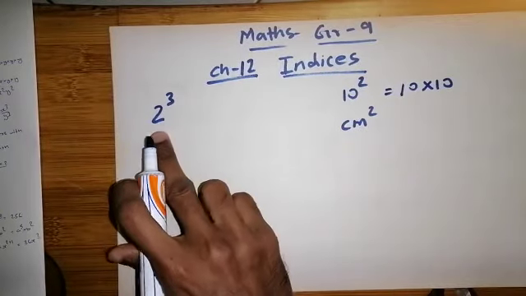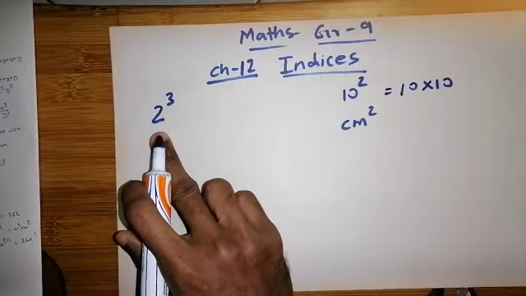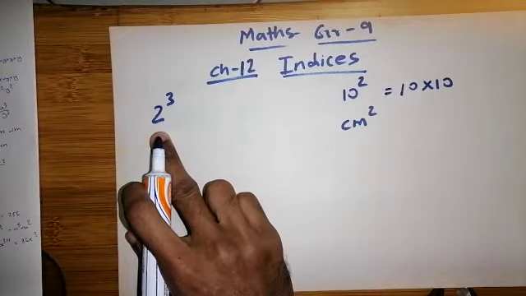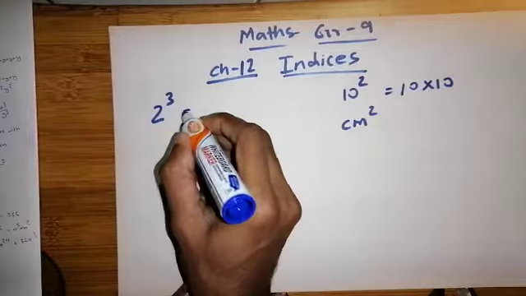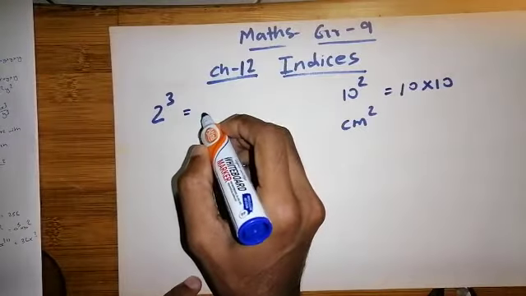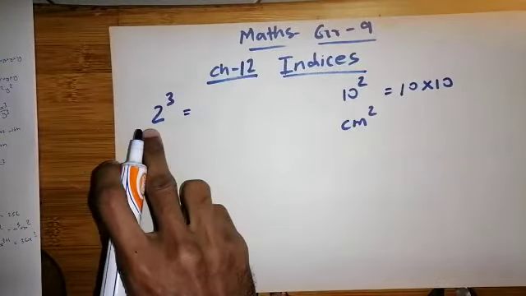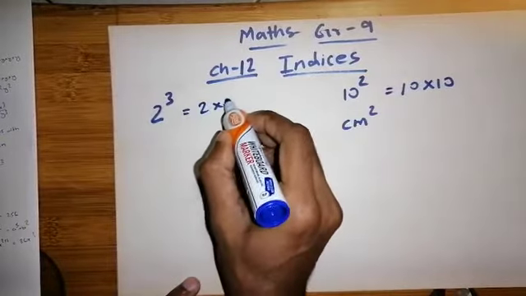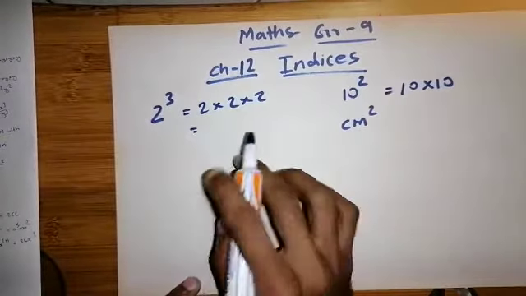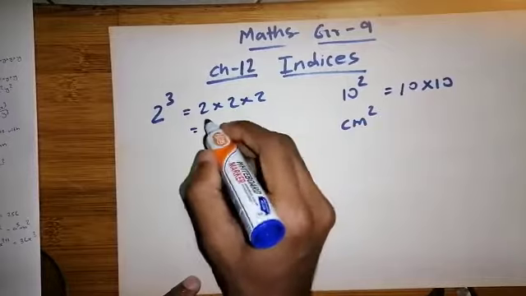Now the first one, 2 to the power 3. The upper number mentions how many elements of this there are. So 2 into 2 into 2, that is 2 into 2 is 4, 4 into 2 is 8.